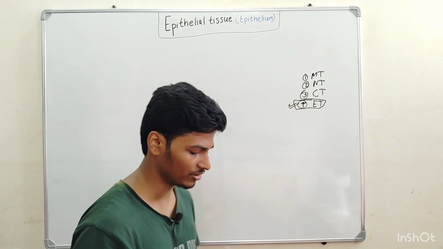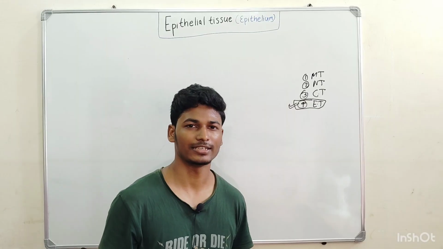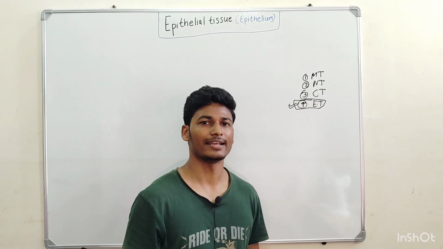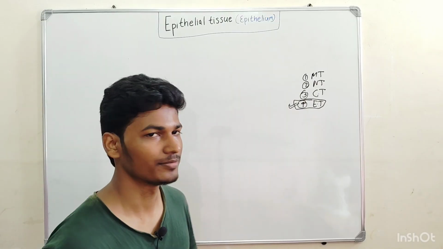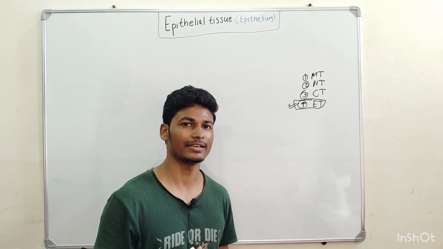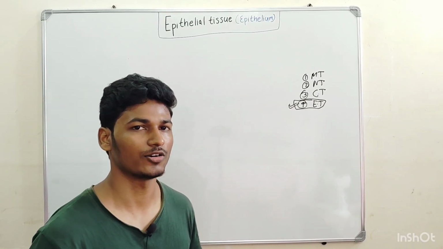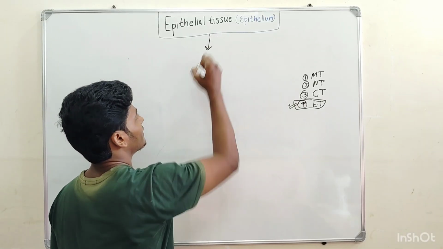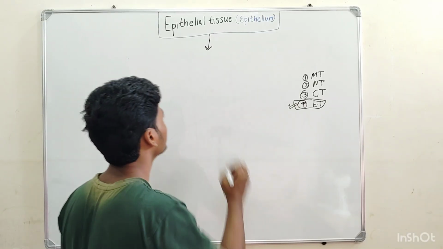So what is the epithelial tissue? Epithelial tissue is just a covering of our internal and external parts of the body. It covers our body from inside and also from outside. If we talk about the definition, you can learn it easily with a mnemonic.